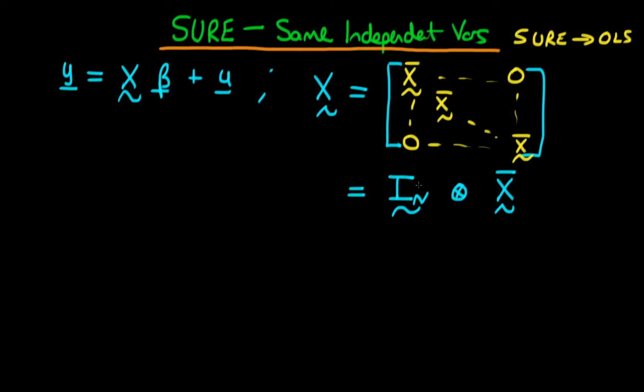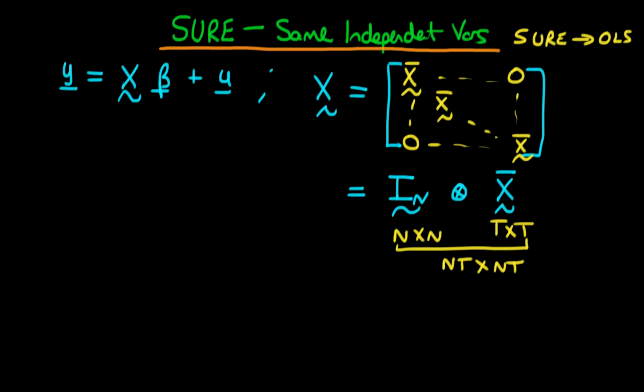To see that, think about an n by n identity matrix, with each of the ones replaced now with the matrix x bar. This matrix x bar has dimensions T by k, such that when I take this Kronecker product, the overall result has the dimensions we expect.